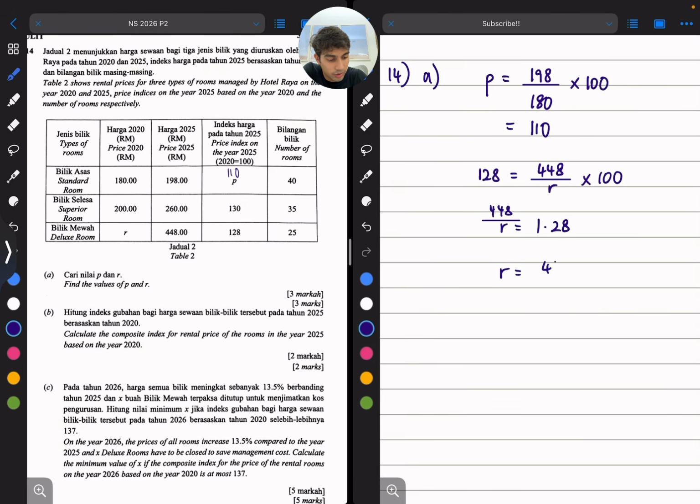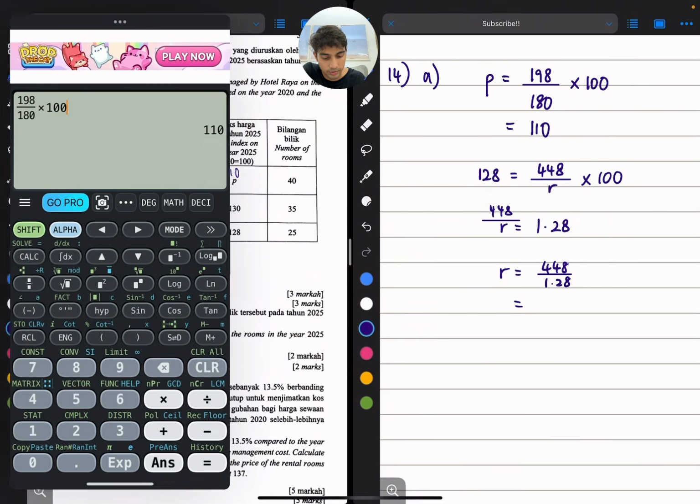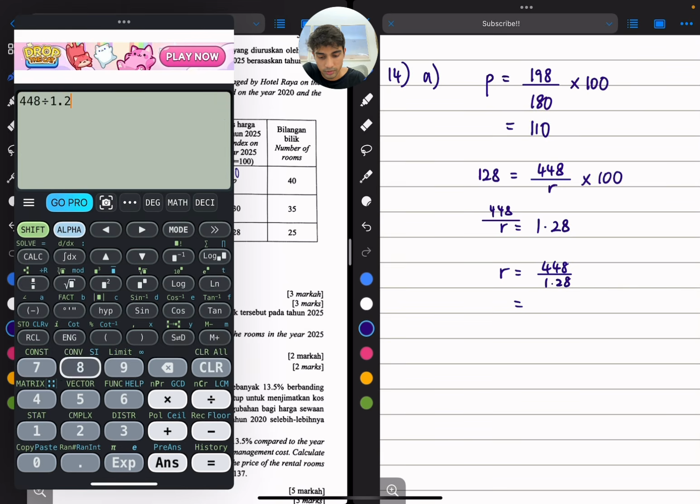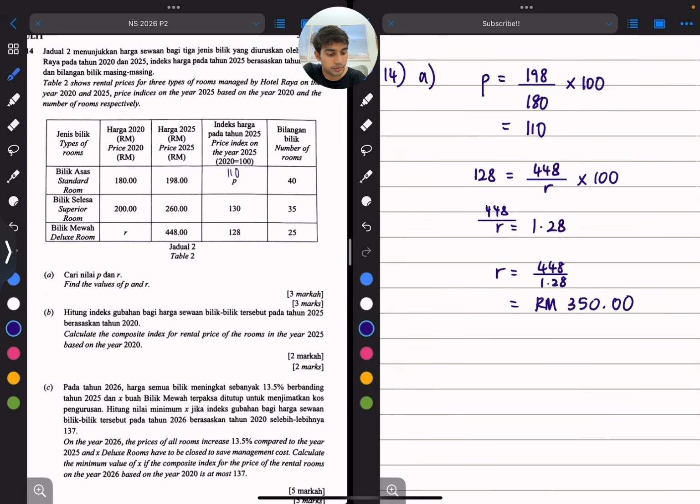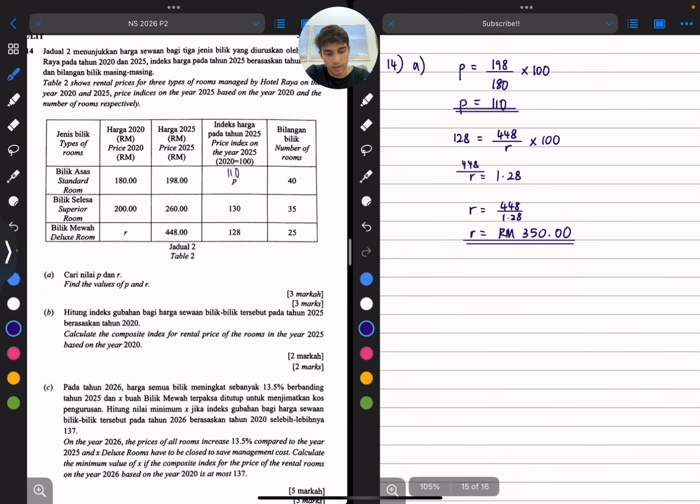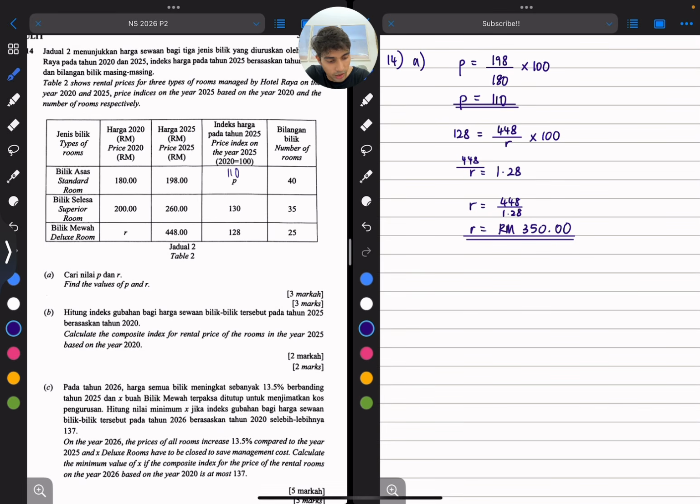So R will be 448 divided by 1.28. $350. R is a price, so we have to write it as 350.00. Done. That's A. They give us 3 marks for this. Actually not bad. Alright, next one.